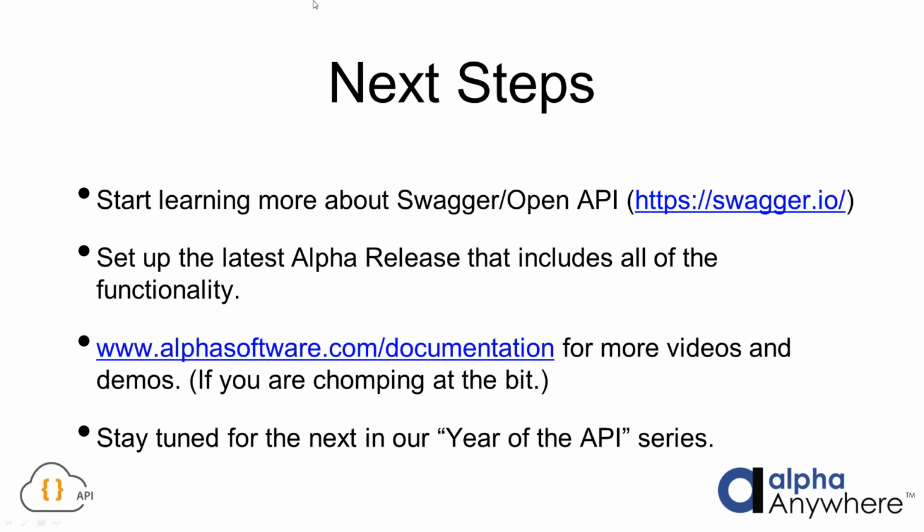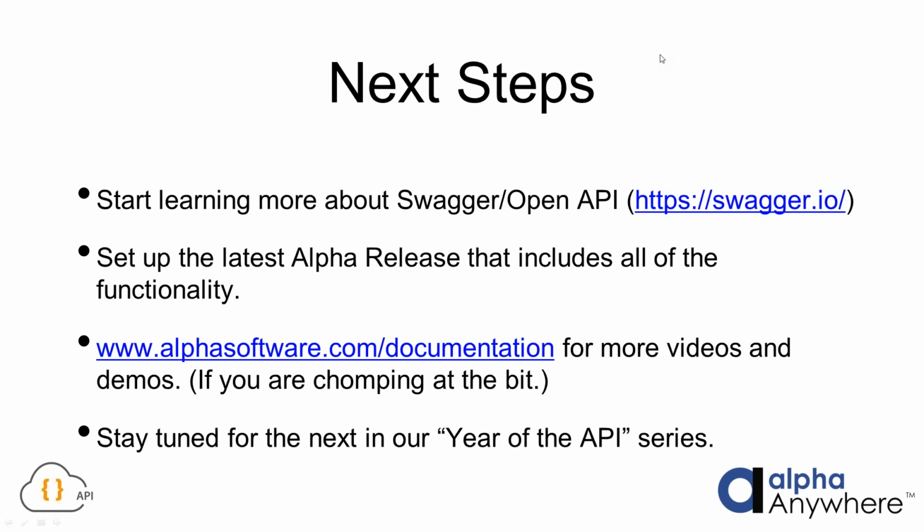So next steps: what can you do beyond the 8 slides that we've just talked about to move forward, before we get into the nitty-gritty things next week, I believe, and start showing you how to create your own services, publish them, and then consume them. You can learn more about Swagger and OpenAPI at swagger.io.